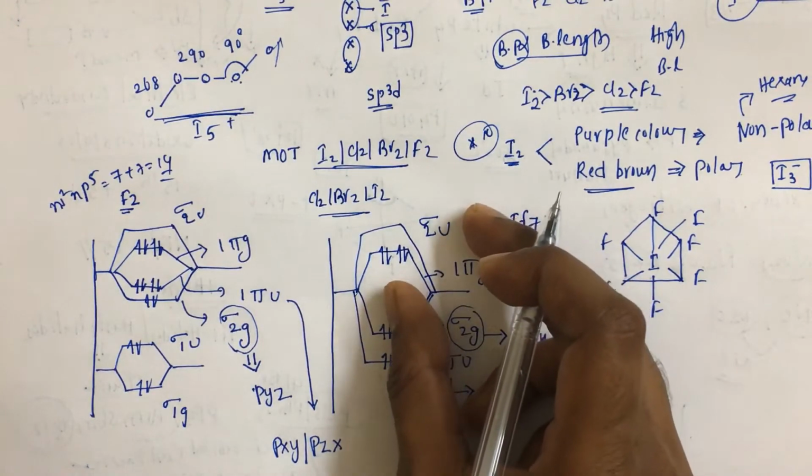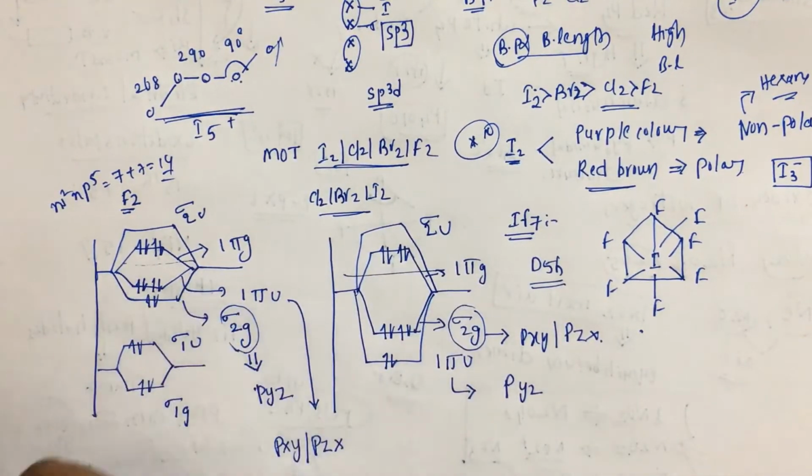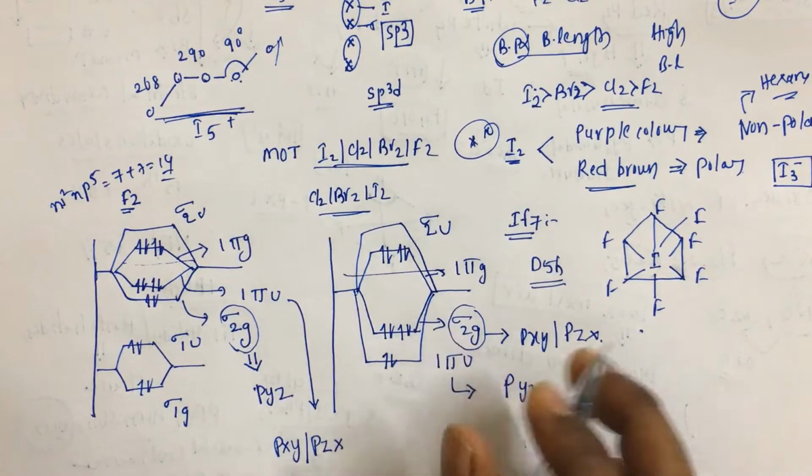The antibonding orbitals will be the same in both cases; only the bonding orbitals show differences.